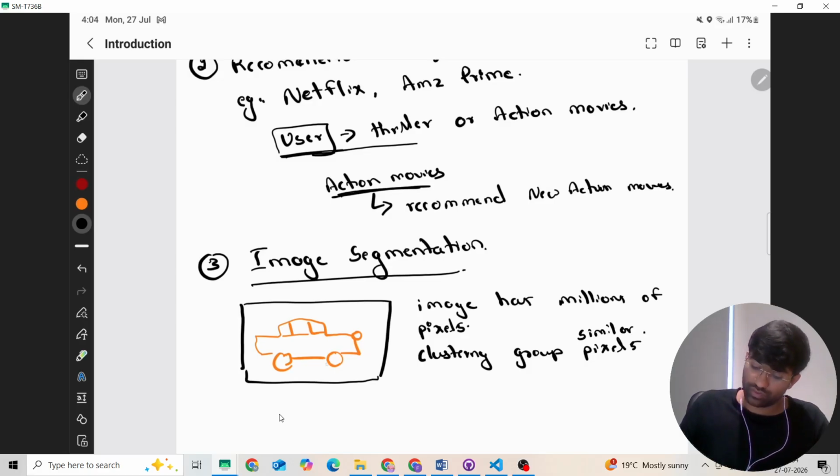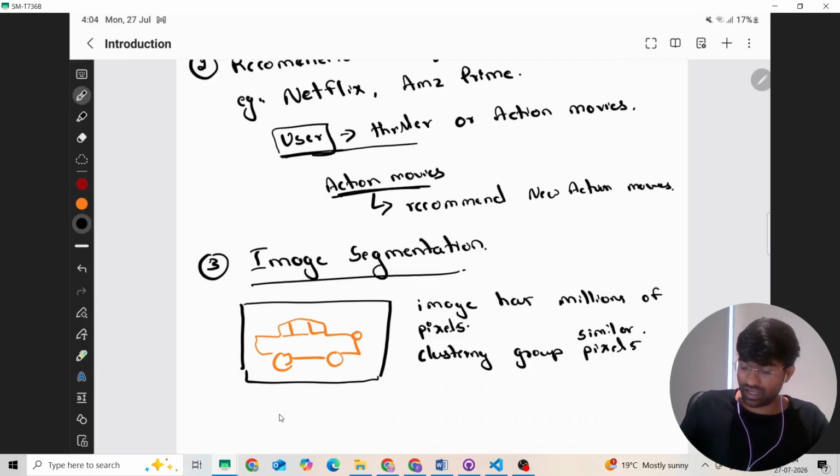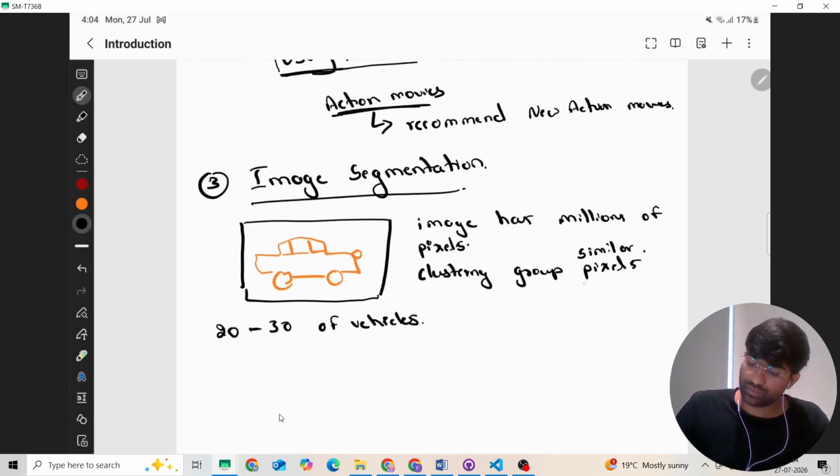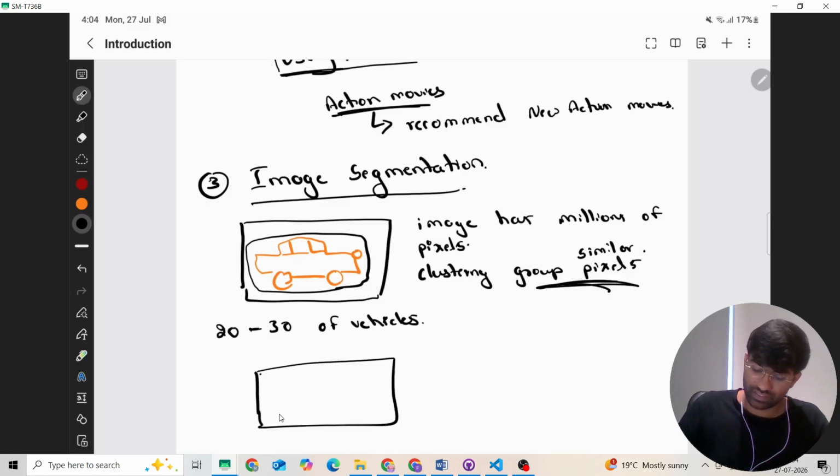Suppose I have 20 to 30 images of vehicles, and I want to group the pixels which are similar. For a car, it will group these pixels, and if there is a bike in an image, it will group some other pixels.